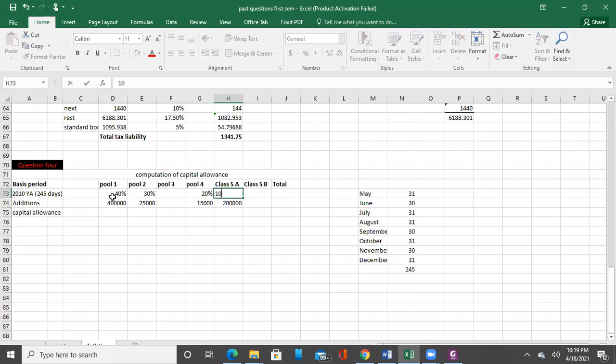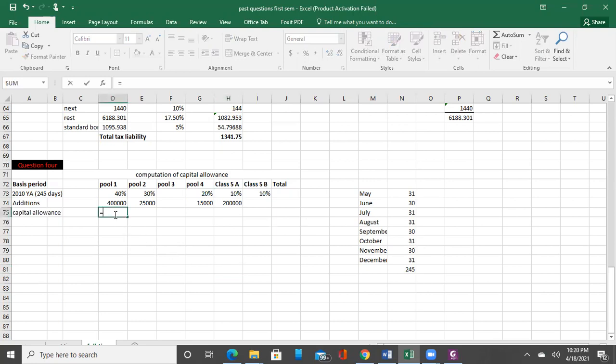Class 5 is 10%. And from pool 1 to pool 4, we grant the capital allowance on the reducing balance method. But for the class 5, the capital allowance is granted using a straight line method.